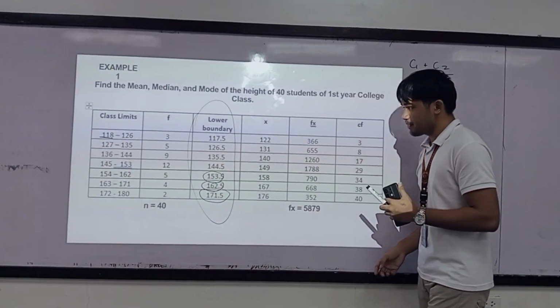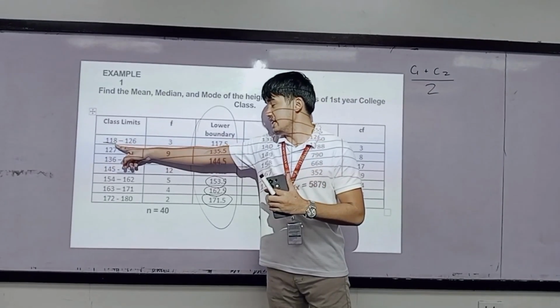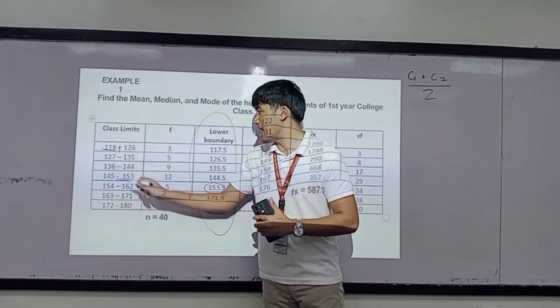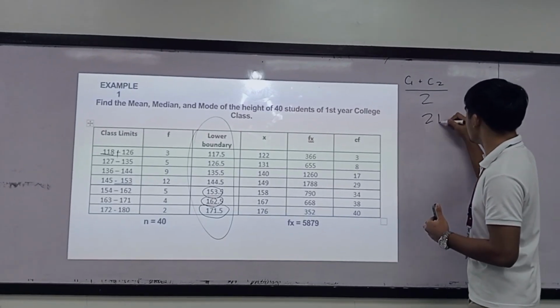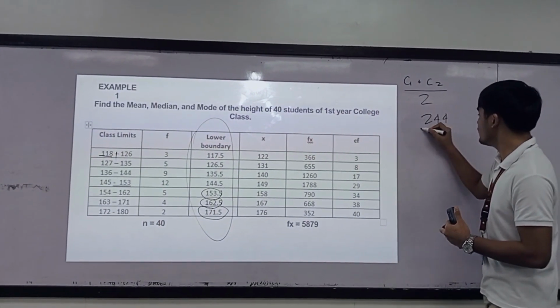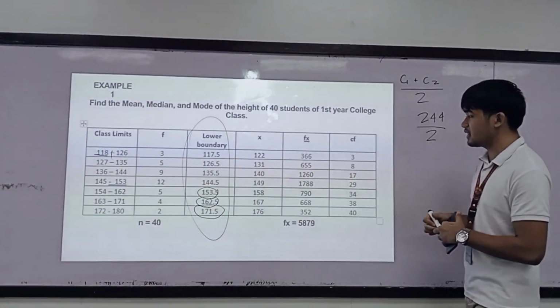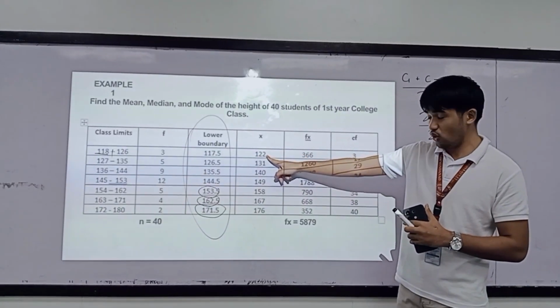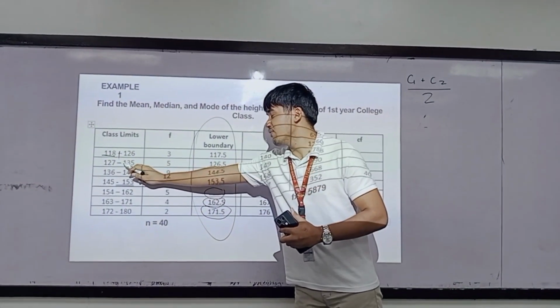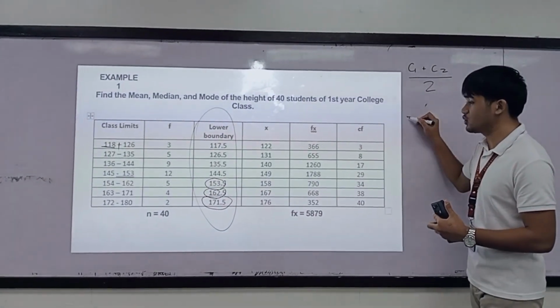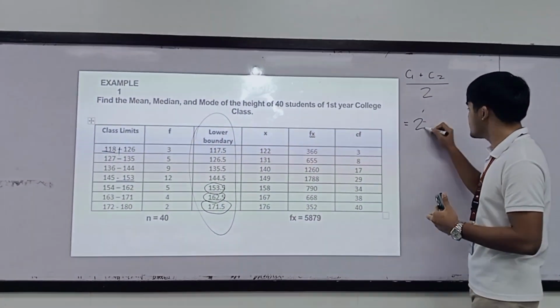So 118 plus 126 is 244. Then we divide it by 2, and we get 122. After that, 127 plus 135 is equal to 262.